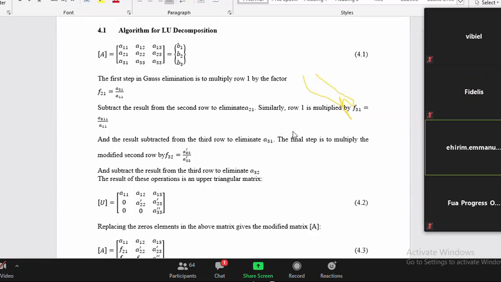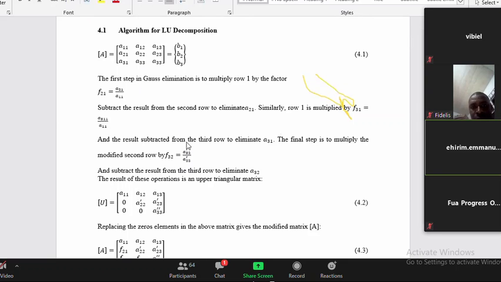So the final step was we eliminate X2 from this row here, from the last equation, 4.1c. We eliminated X2 here, and we multiplied it by A32 prime over A22 prime.